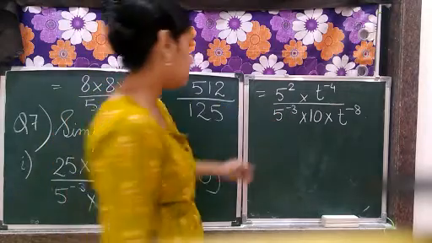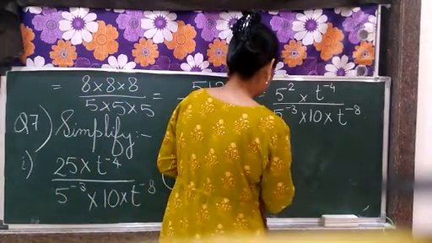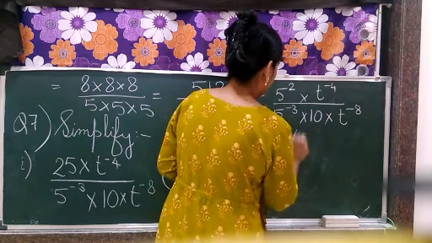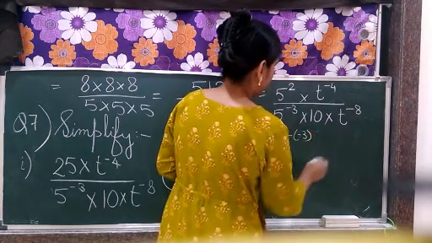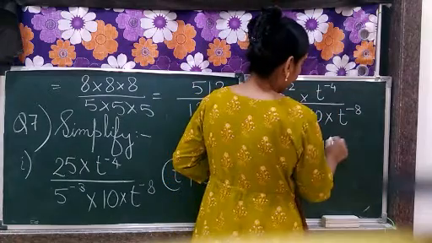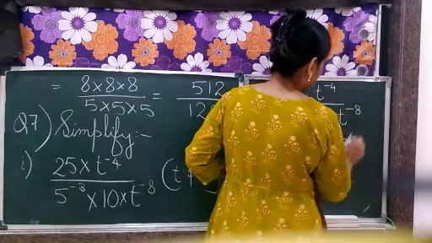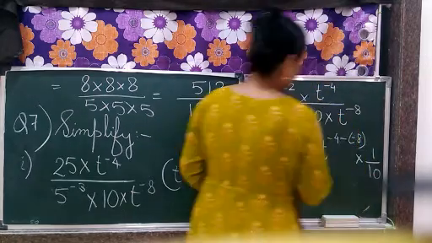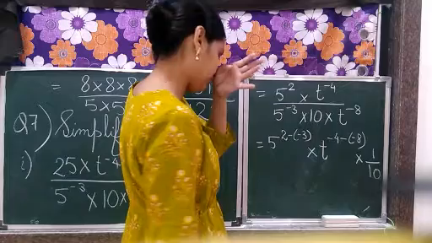So we can do that here. So 5 raised to 2 minus 3. Okay, same thing we can do with this also. t raised to minus 4 minus 8 into, we can write 1 by 10 separately. Only 1 by 10 was left, right?